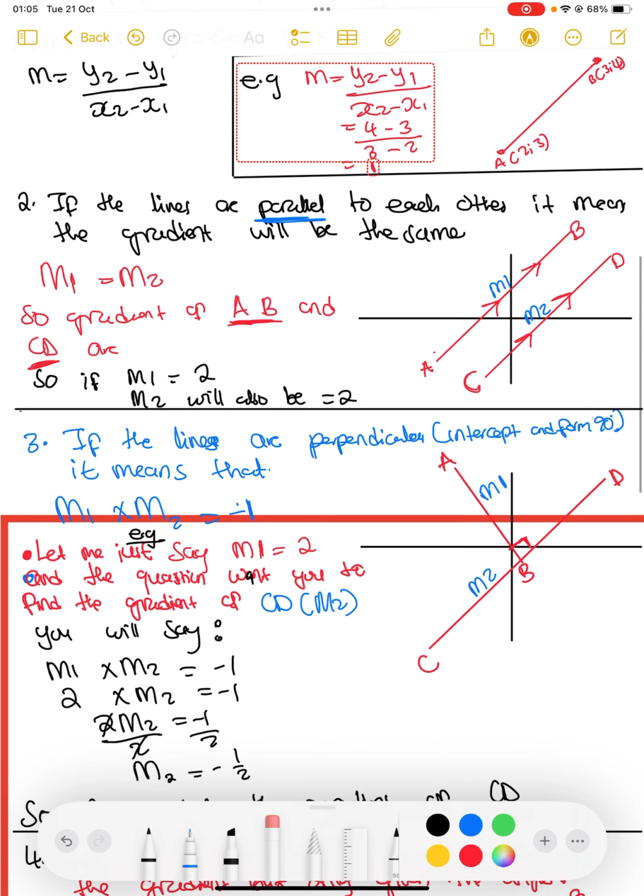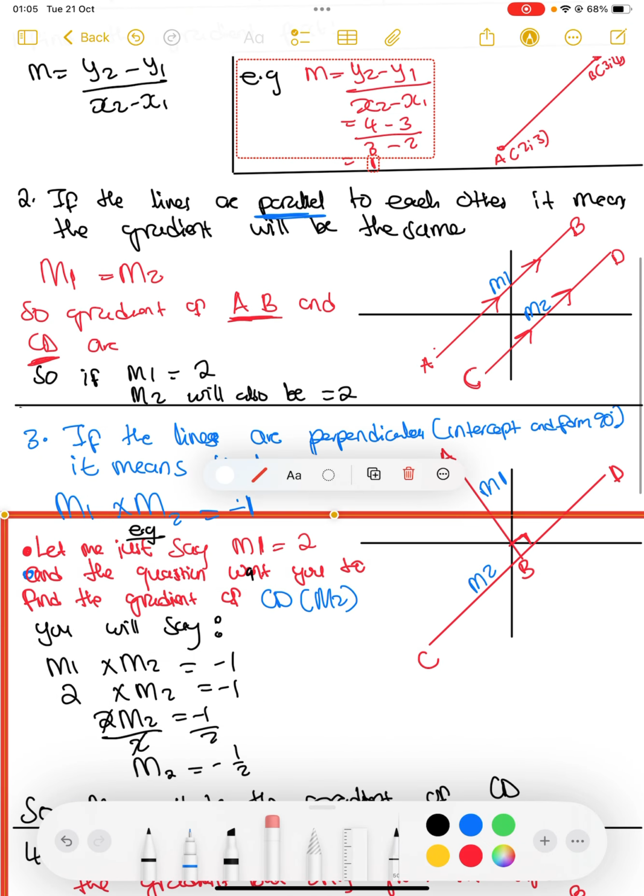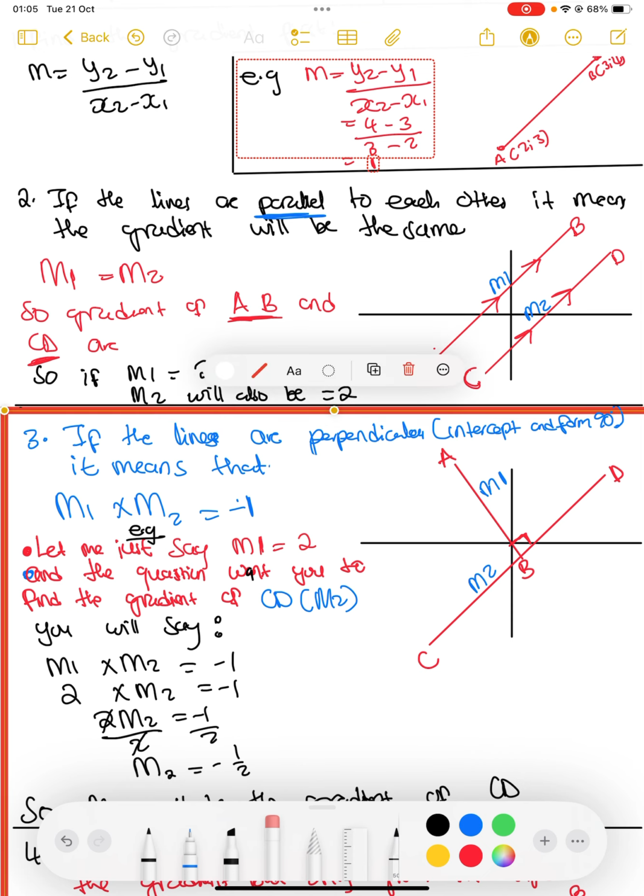But if the lines are perpendicular to each other like that, then when you multiply the gradient m2 times the gradient m1, they must give you -1. So let me say you are given the gradient of m1 and they ask you to determine the equation of CD. You can't use the gradient of m1 as the gradient for CD.